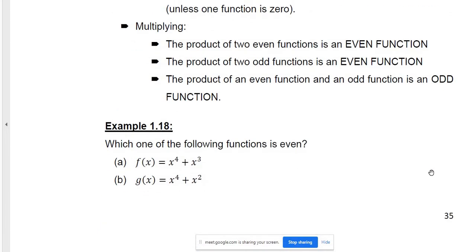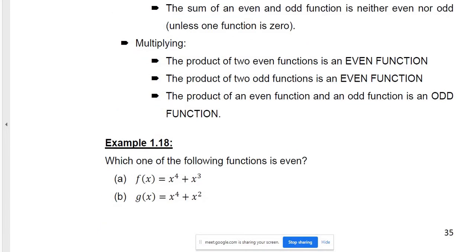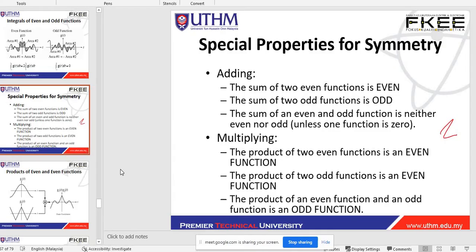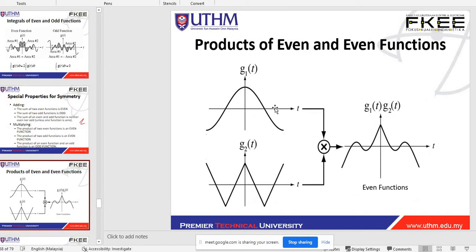I think I can show you in this example. This one is even. Even function multiplied with even function, you get this graph, so this graph is an even function.